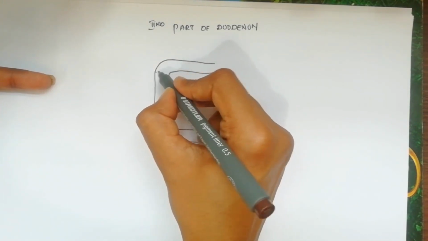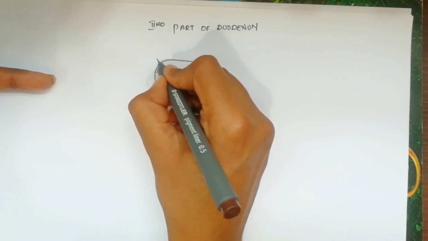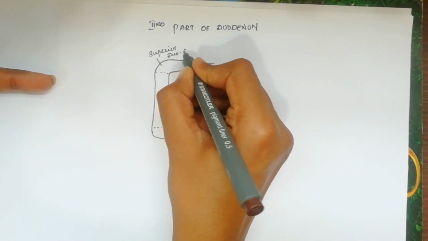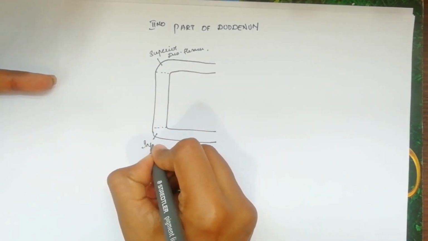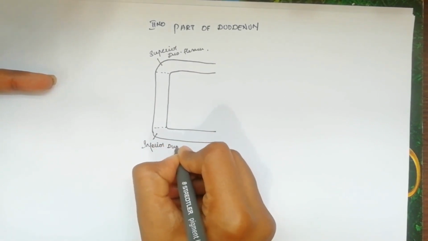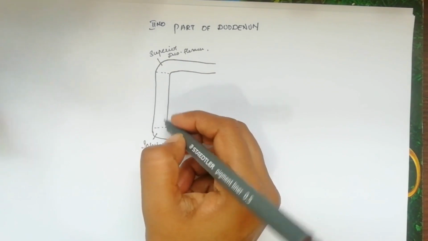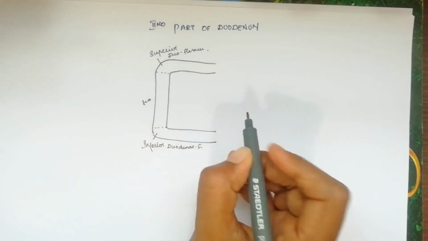So this whole thing is considered as the second part, extending from the superior duodenal flexure to the inferior duodenal flexure, which is about 8 centimeter in length.